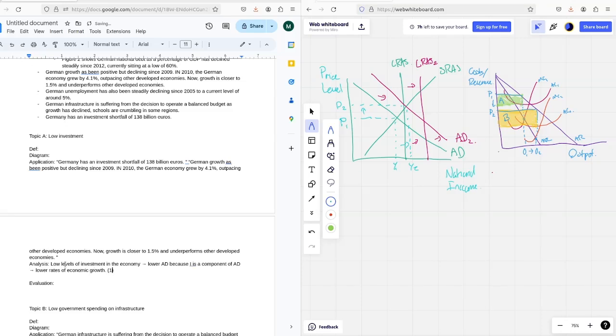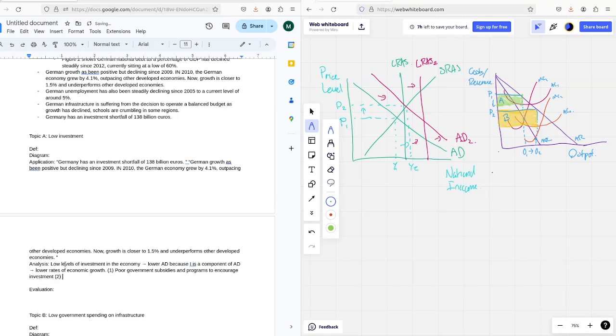Just again to maybe focus a bit more on the environment for this kind of low investment. Why is this likely to be happening in the economy? What's the explanation for this investment shortfall? I might say we might have poor government subsidies and programs to encourage investment, right?